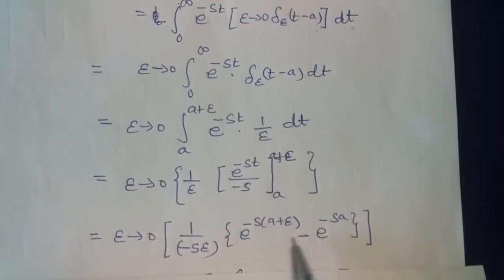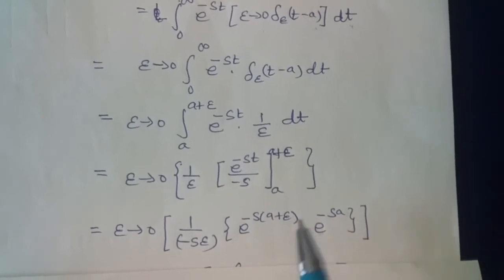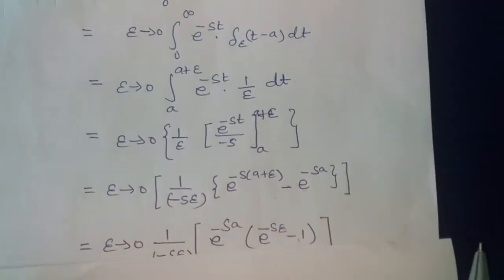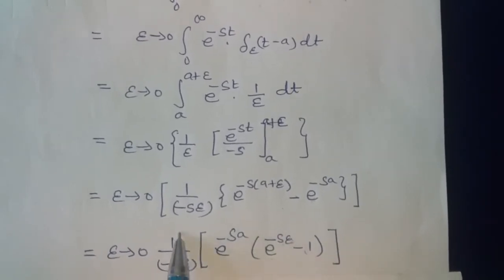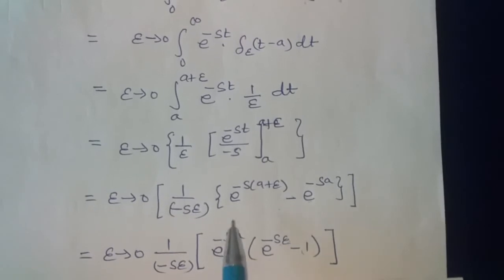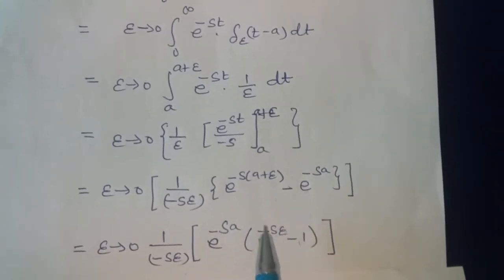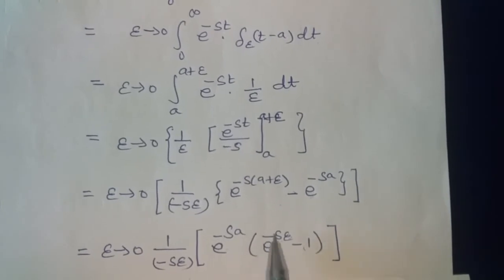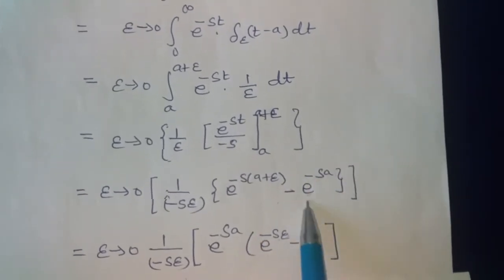Now from these two expressions, e raised to minus sa is a common term, so we take it common and we get the limit as epsilon tends to 0 of 1 upon minus s epsilon as a constant multiple. e raised to minus sa we take common from this expression, and we get e raised to minus s epsilon here, minus 1.